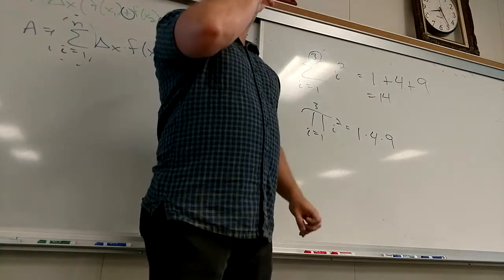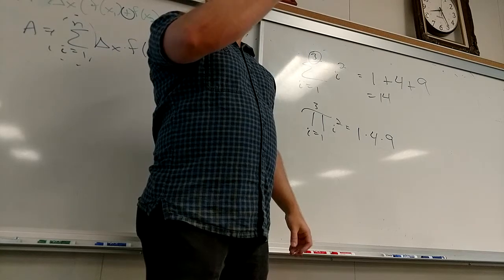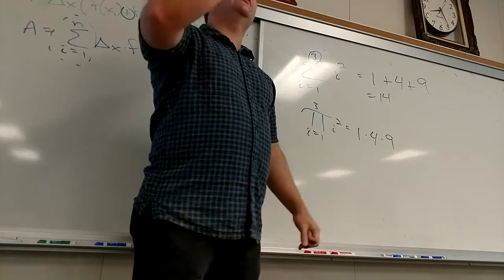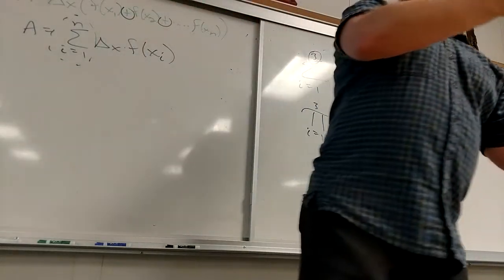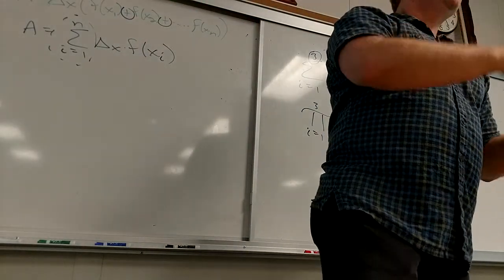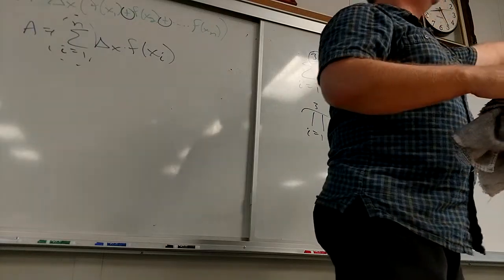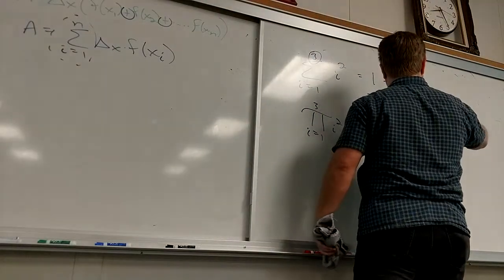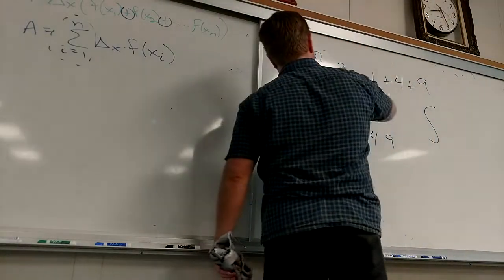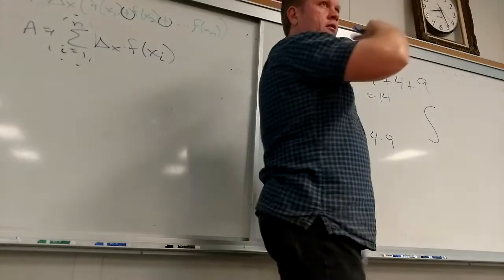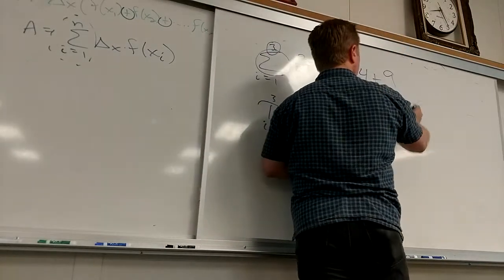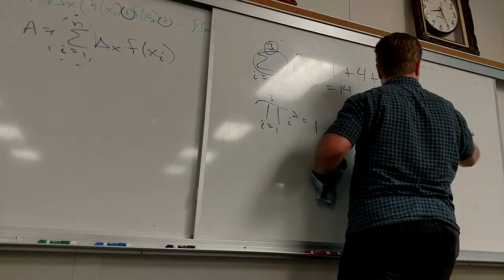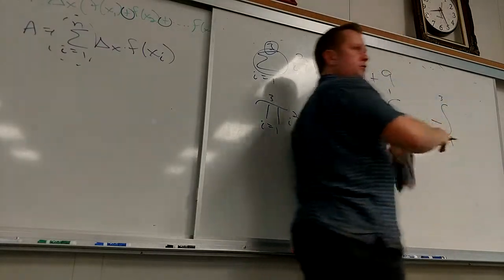Yes? It also works the other way around, where i is 10 and the top number is 1, correct? Yeah, in general you don't like to do that with summation notation itself. So if I had from 3 to 1 of stuff, that would be the negative of the sum from 1 to 3.